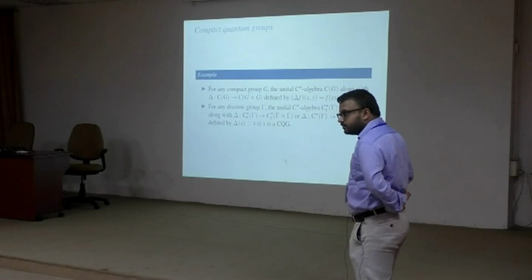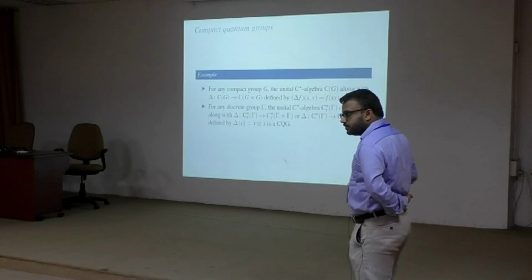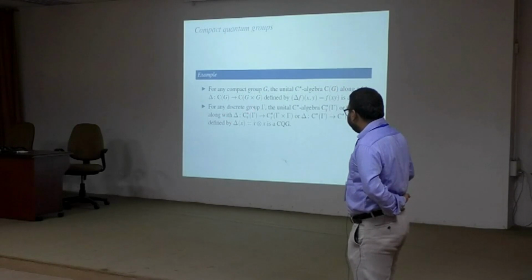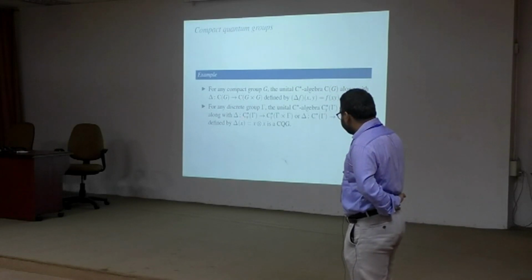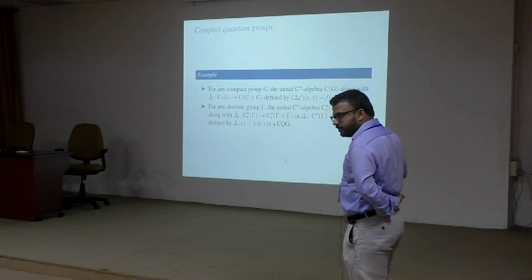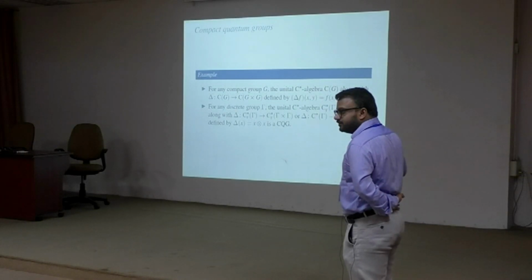What is the difference between them? For both reduced or full, the same delta works. You take an element and map it to x tensor x. The difference is in the algebra; they are not the same, this one is much bigger.